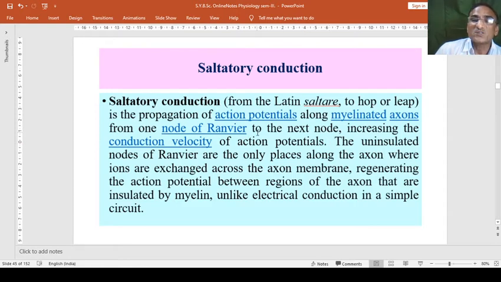Instead of passing through the membrane, it jumps directly to the next node, and therefore the speed increases.